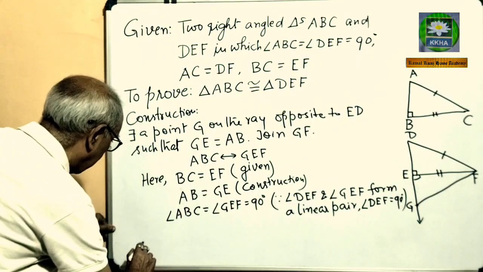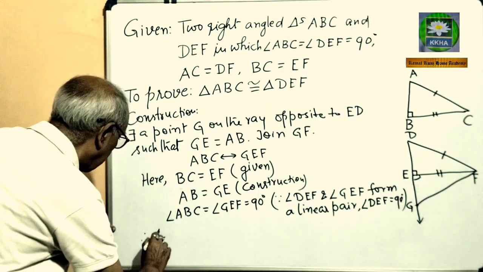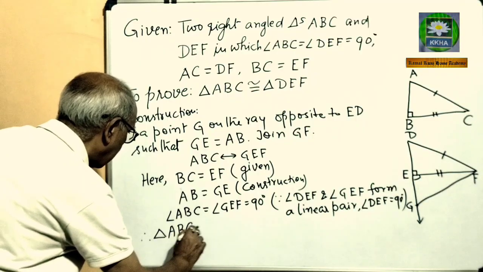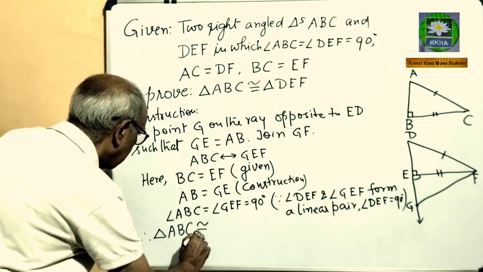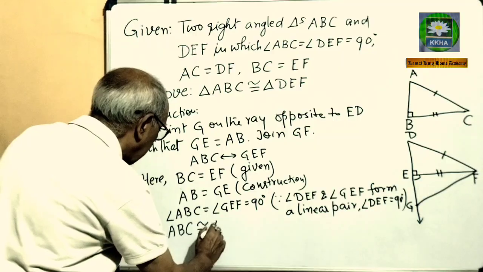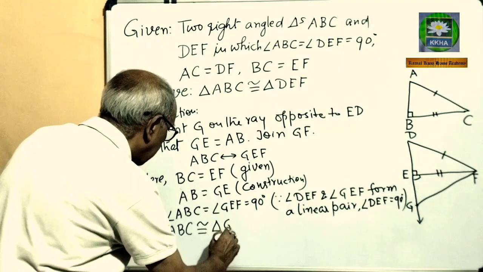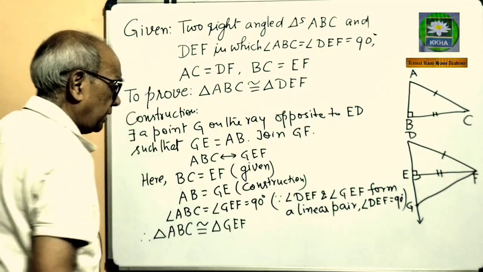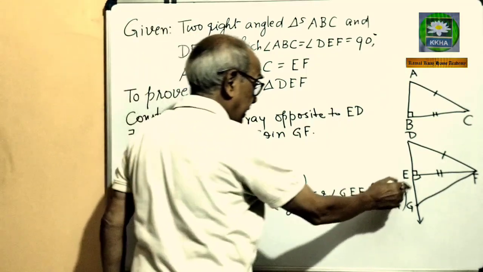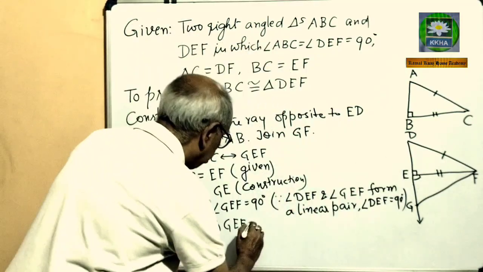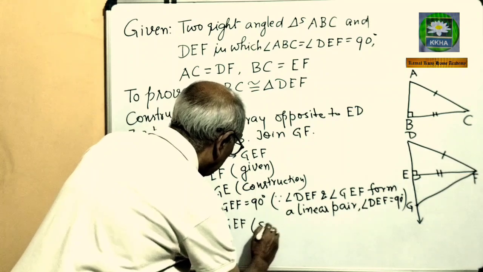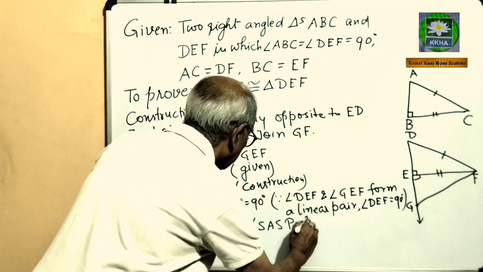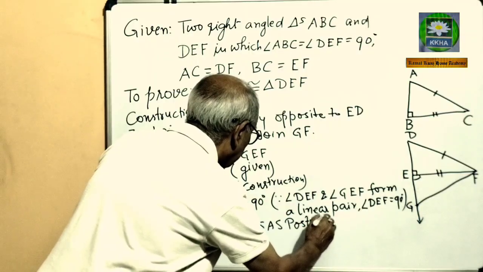Therefore, triangle ABC will be congruent to triangle GEF by side angle side postulate.